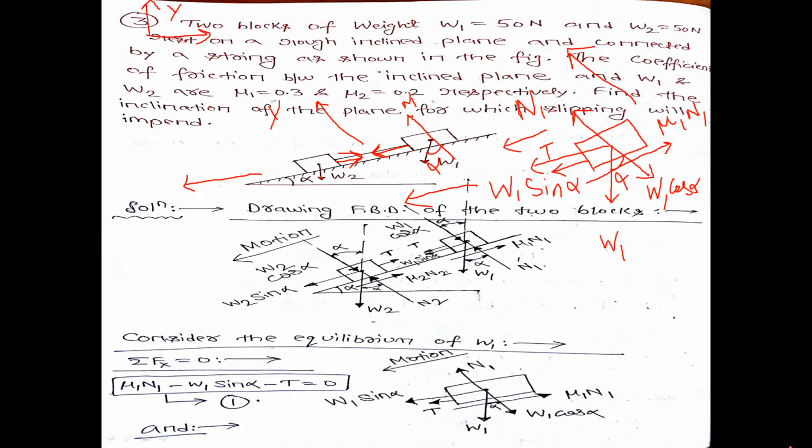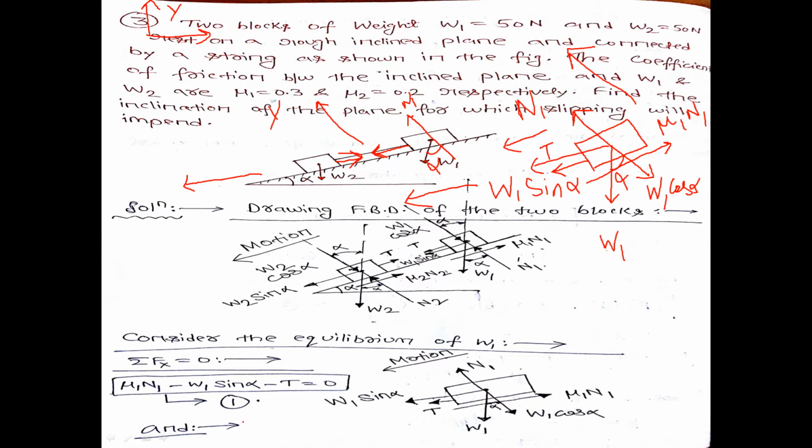If I write summation Fx equal to 0, I can write plus mu1 N1 minus W1 sin alpha minus T equal to 0, which is equation number 1.